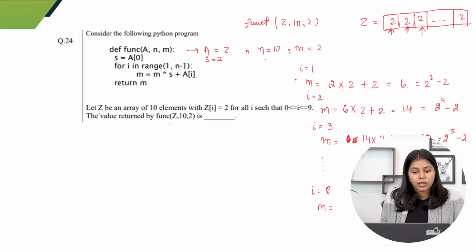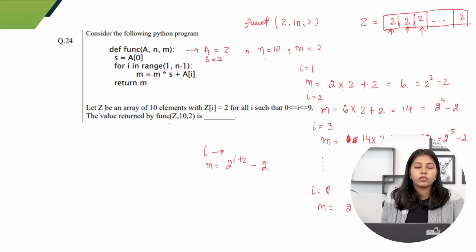So for I, M becomes 2 to the power I plus 2, minus 2. For I equal to 8, M would become 2 to the power 8 plus 2, minus 2. That means 2 to the power 10 minus 2.